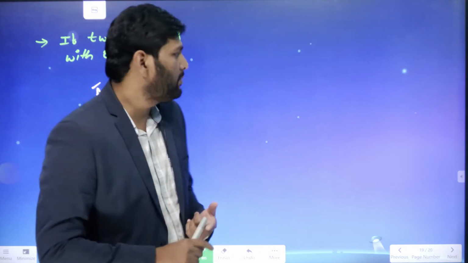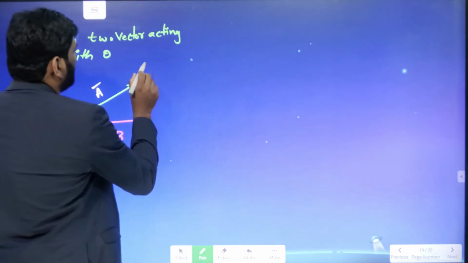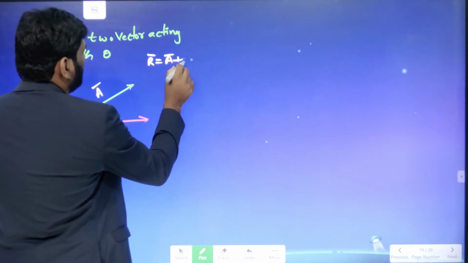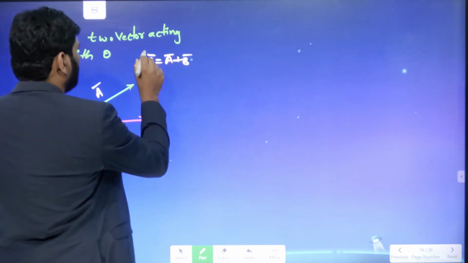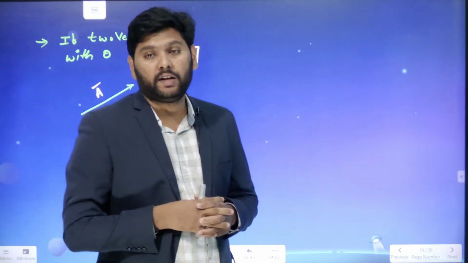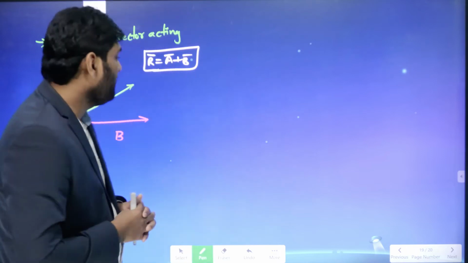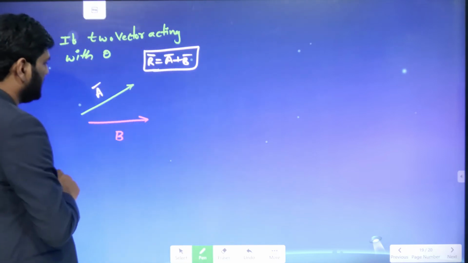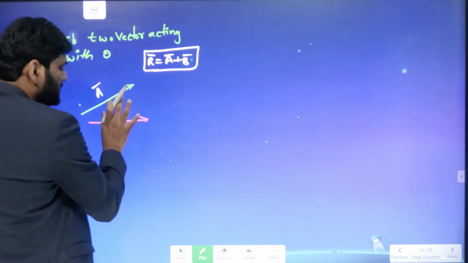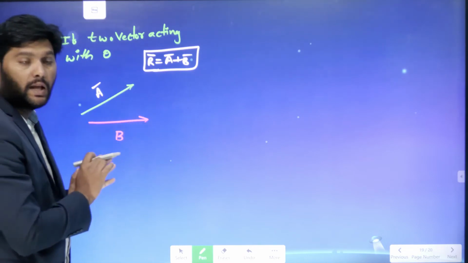You know the vector addition mathematically you can represent as r bar is equal to a bar plus b bar. This is the mathematical way. But I want a geometric way of vector addition. Look here, now without changing the direction, you must take the addition.